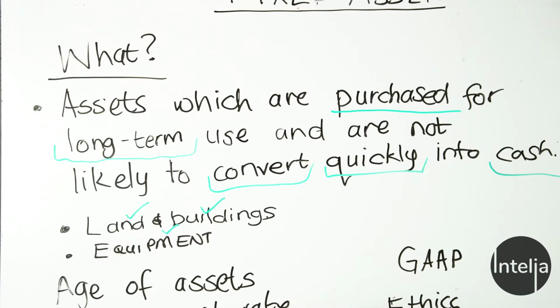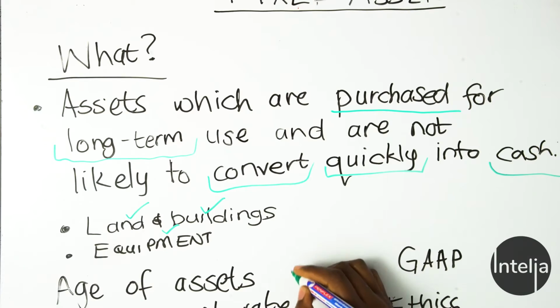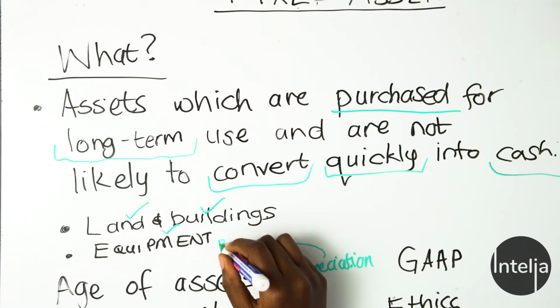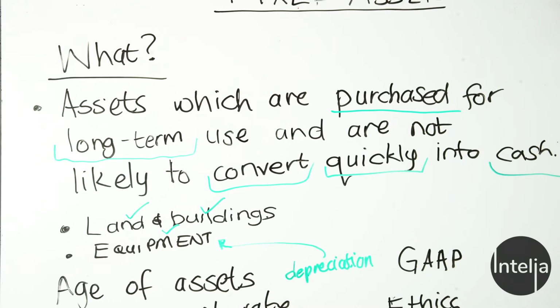In the subdivisions, we then have the age of the assets. So how long have you had the assets in your business? This is something we take into consideration when we are calculating things like depreciation, and this only applies to equipment, because I'll explain why it does not apply to land and buildings in the next portion, right?